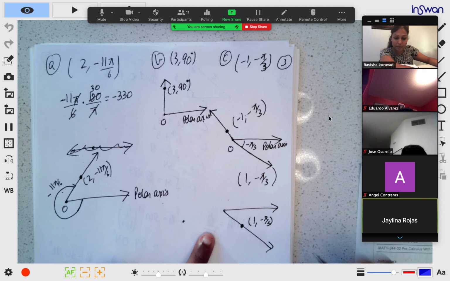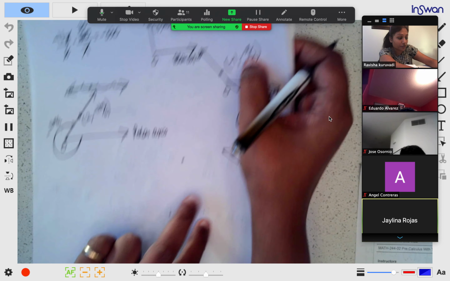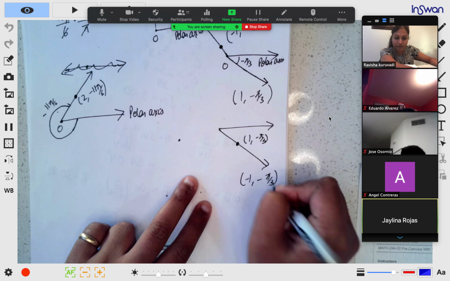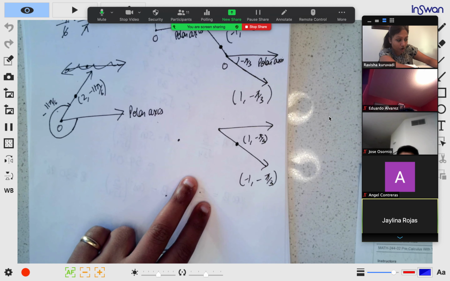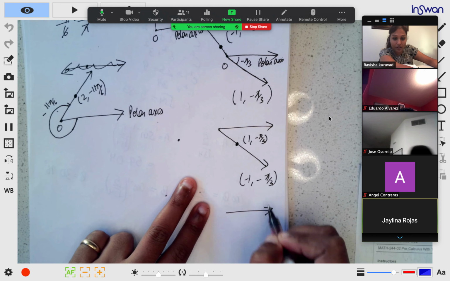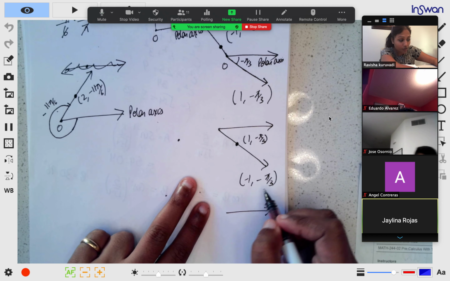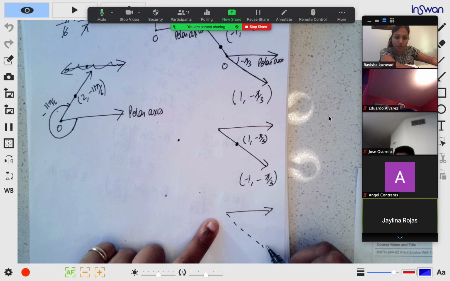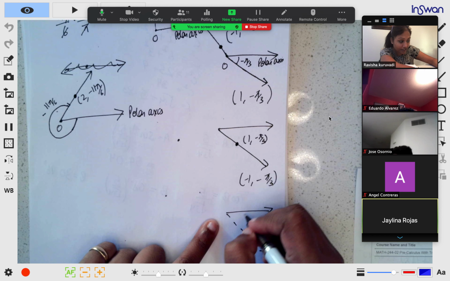But if I say, Jelena, you have to draw -1, negative pi over 3, your first thing is to draw the angle, right? But since it's negative, you will draw a dotted line. This is negative pi over 3.